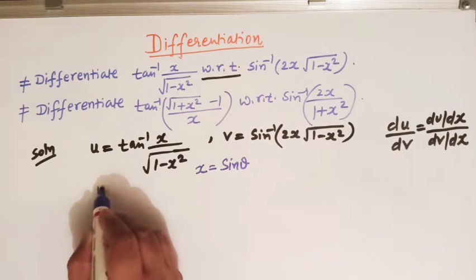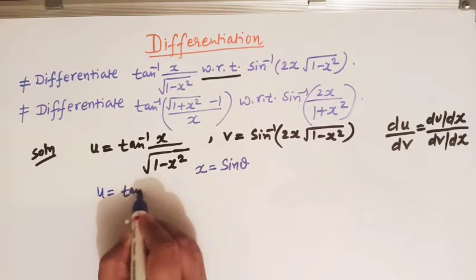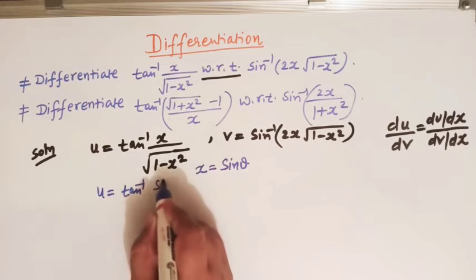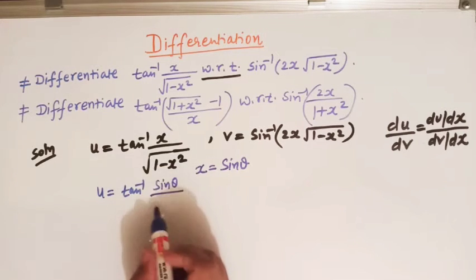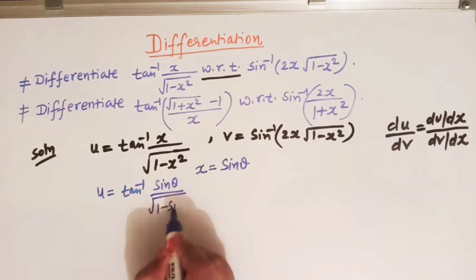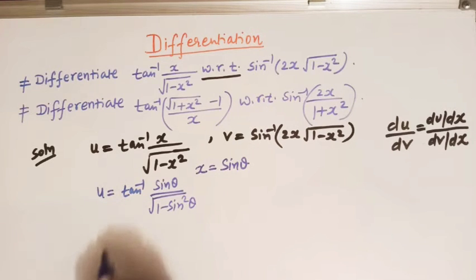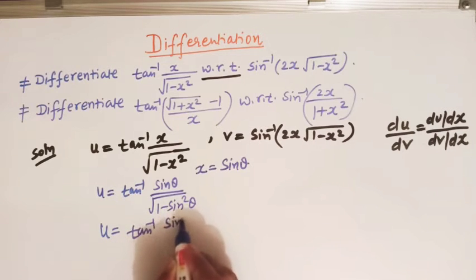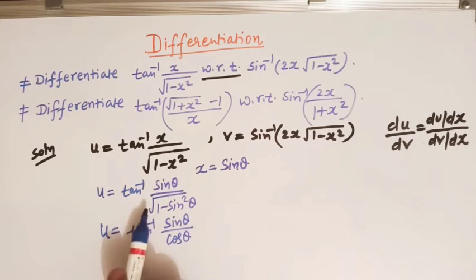So let us see what is the value of this expression when x is sine theta. So here we have sine theta, and we have 1 minus sine square theta, right? So u becomes tan inverse, as this is sine theta over cos theta, because 1 minus sine square theta is cos square theta, and when we take the square root of cos square theta, we have cos theta.